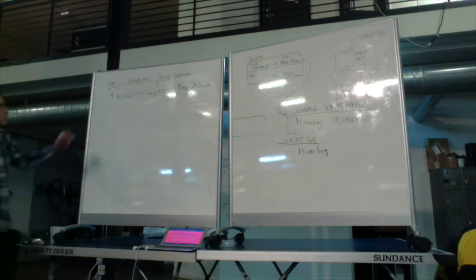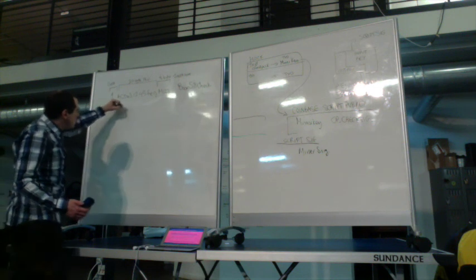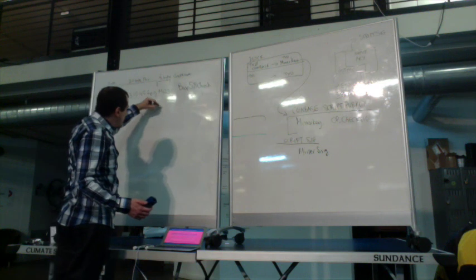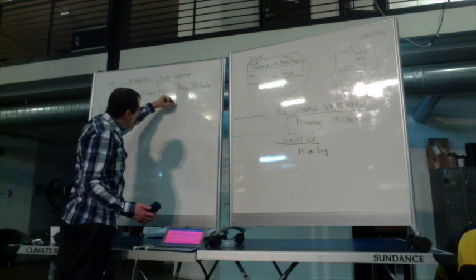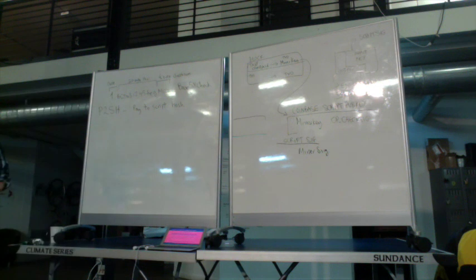So P2SH, pay-to-script hash. Instead of a Bitcoin address, it's something that looks like a Bitcoin address. So you can use it in a wallet transaction the same way.